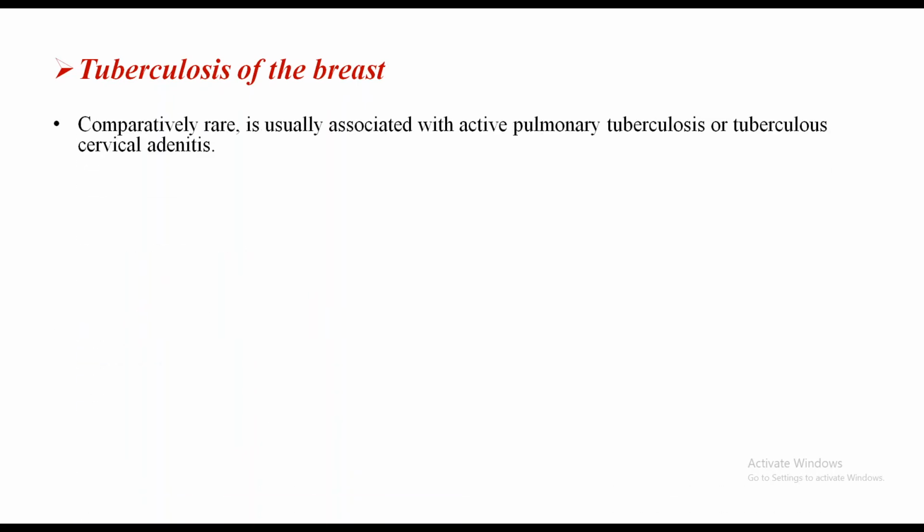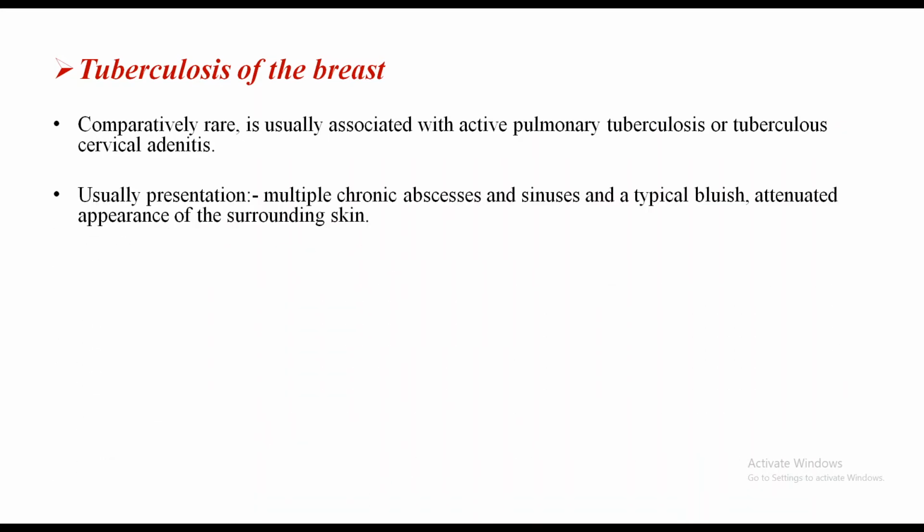There is also tuberculosis of the breast, which is comparatively rare and is usually associated with active pulmonary tuberculosis or tubercular cervical adenitis. It usually presents with multiple chronic abscesses and sinuses and a typical bluish attenuated appearance of the surrounding skin.